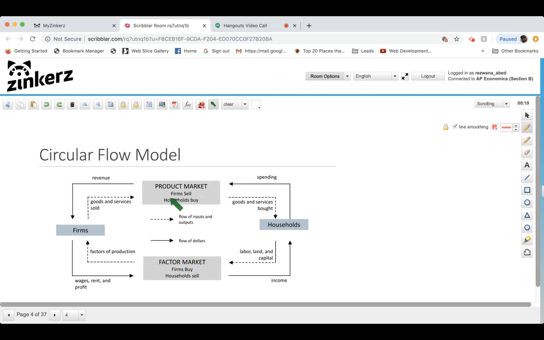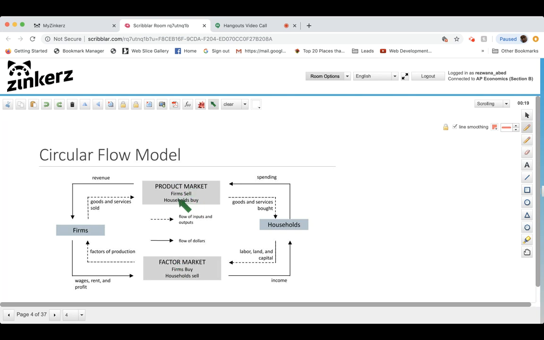Up until now, we've mostly been focusing on the product market, where firms sell goods and services and households buy. But now we're going to focus on the factor market, where firms are buying factors from households. They're interconnected. For the economy to function, we need both of these markets to work.